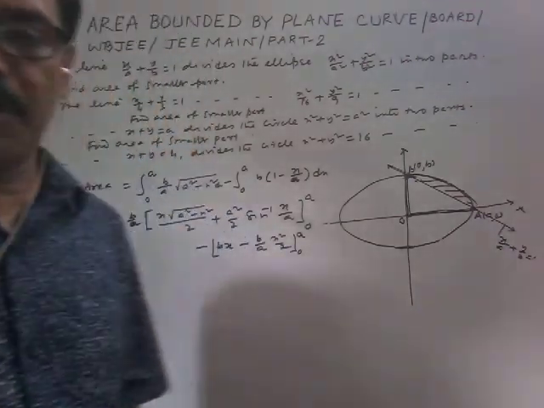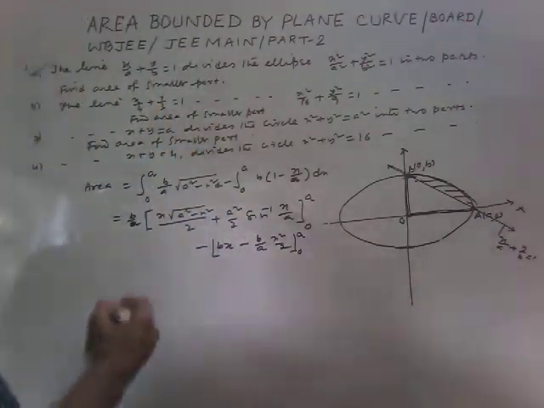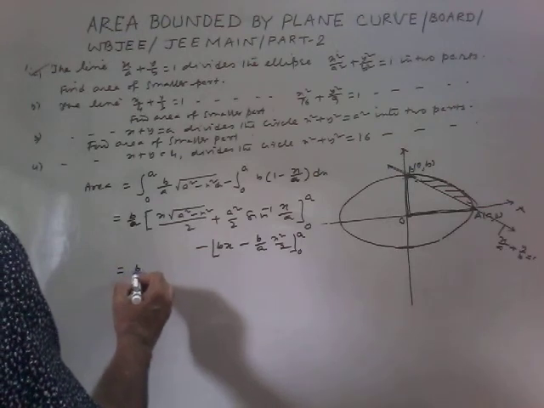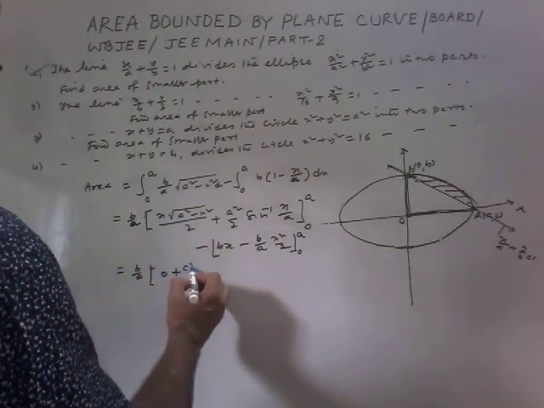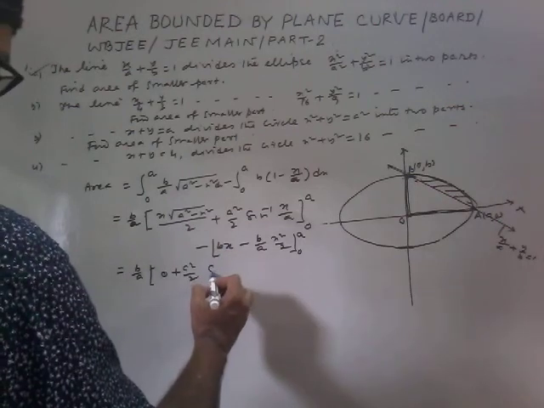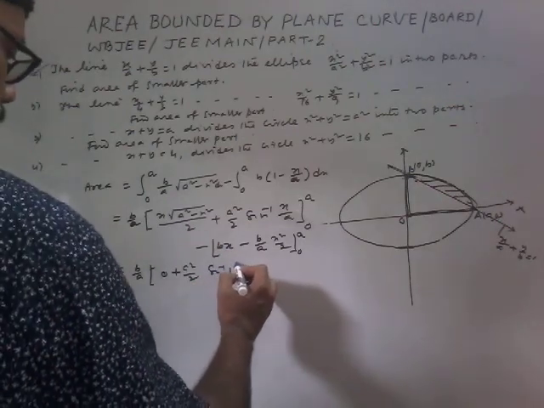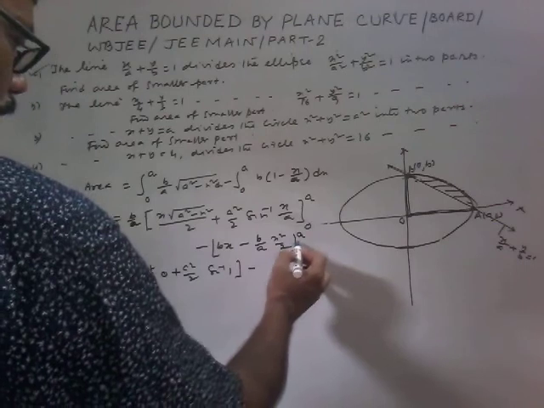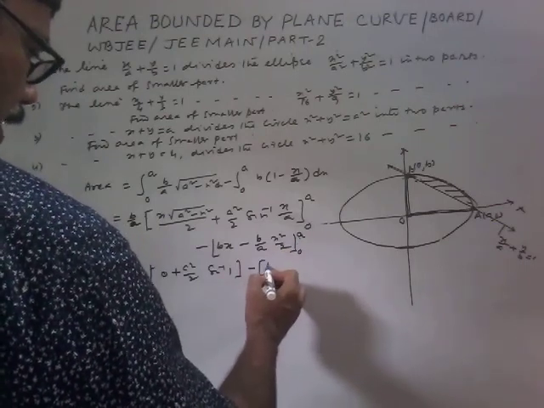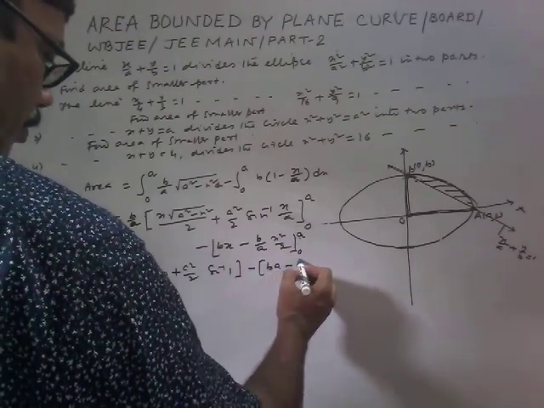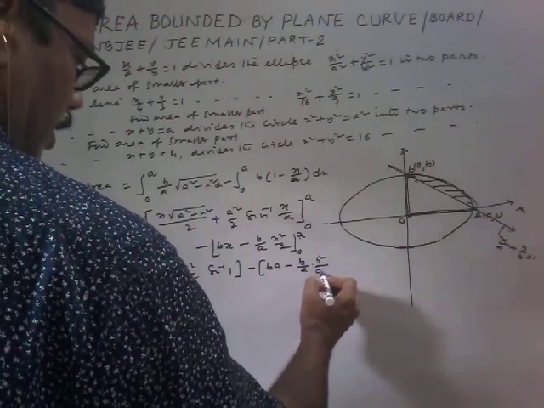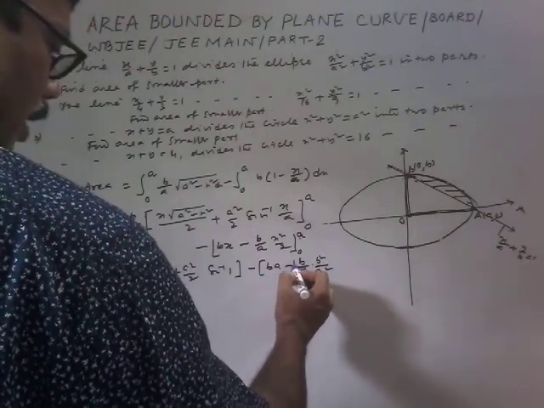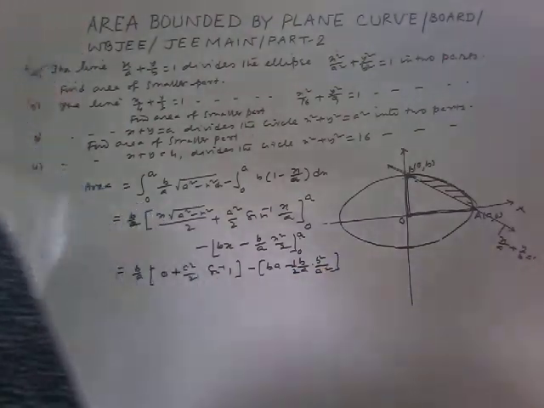Now putting values. If we put a, so this is 0. So a square by 2, a minus a 0, sine inverse 1. Minus, if we put a, this is ba minus b by a, b square by a square, and half at the beginning.